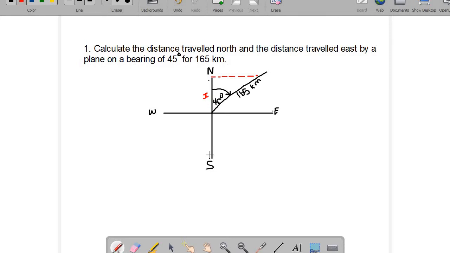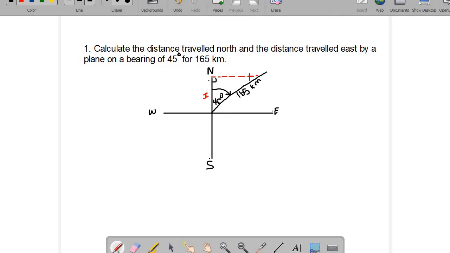So we need to ensure that we choose the correct trig ratio. Between sine, cos, and tan, we need to see, given these two sides, which trig ratio we should use for our diagram. Now you would see that your right angle would be between the vertical and the horizontal side. This is where your right angle would go.